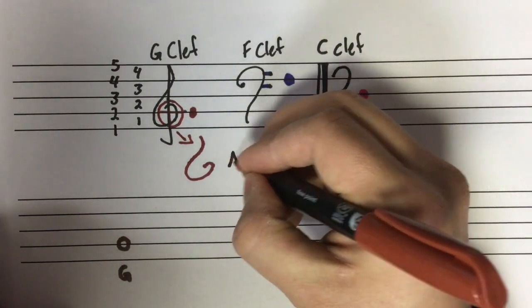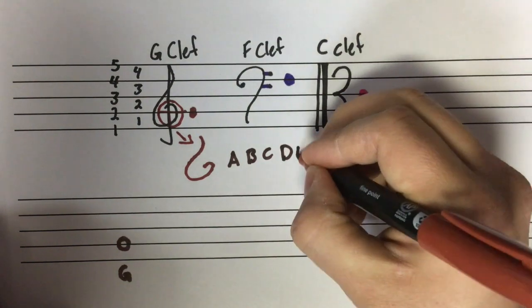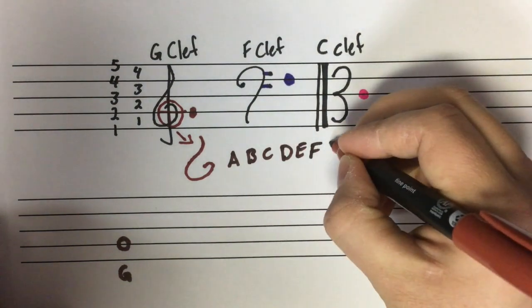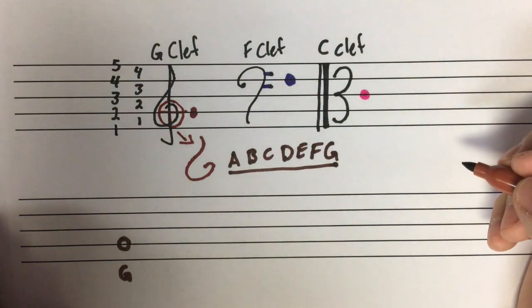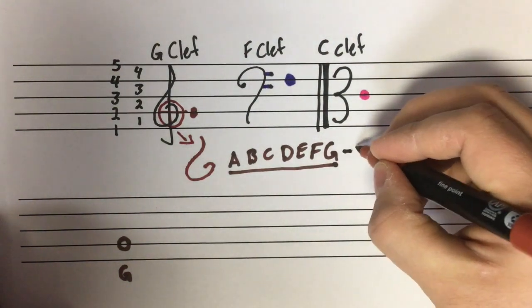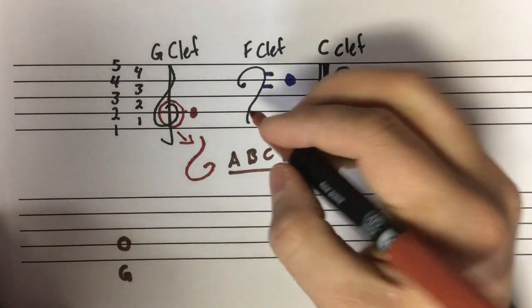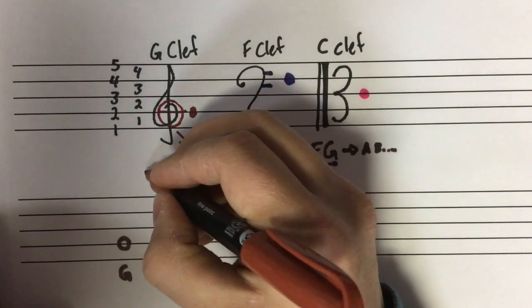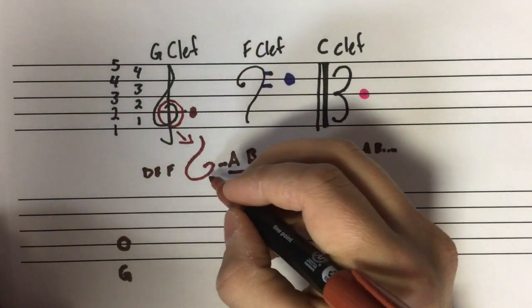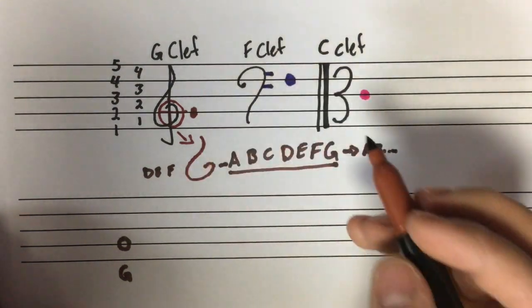Now the 7 letters are A, B, C, D, E, F, and G. Those are the only letters we use in the musical alphabet. And then we repeat it again if we want to continue to go higher. A, B, and so on, or we go backwards, G, F, E, D. Now remember this is a funky looking G, which is why I didn't write the actual G.